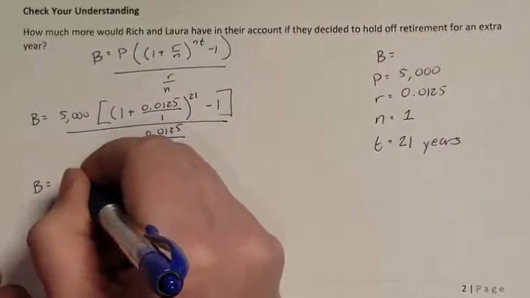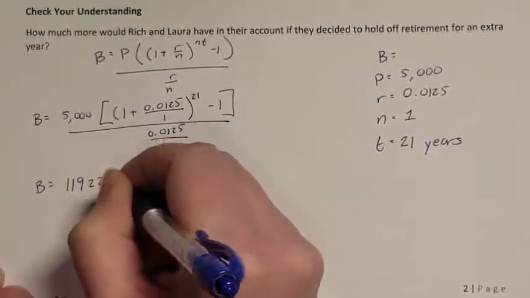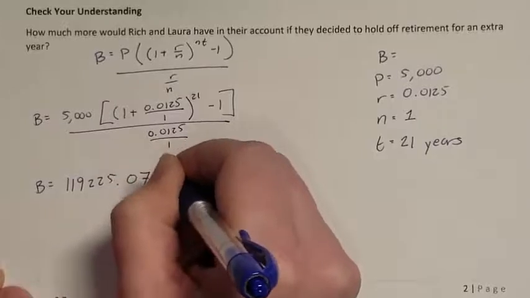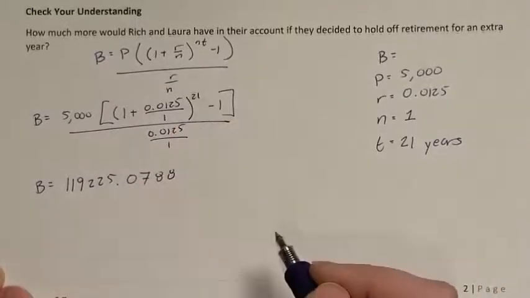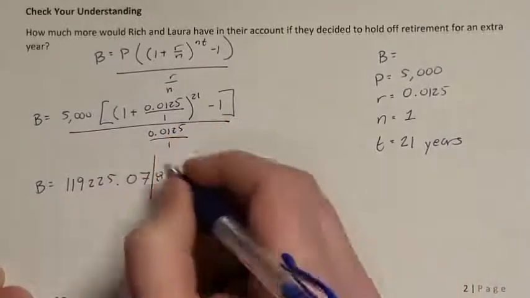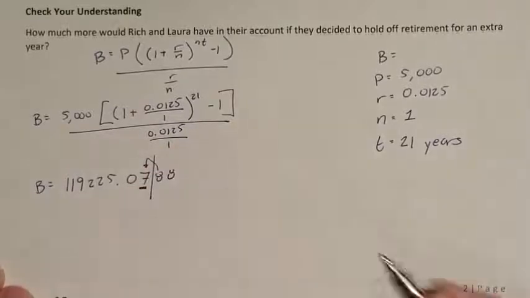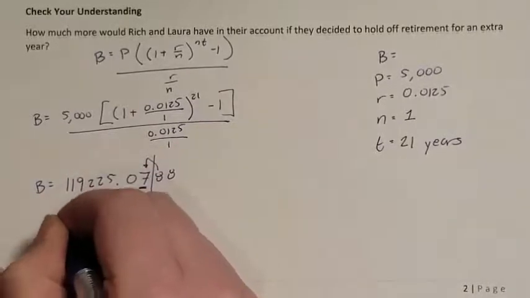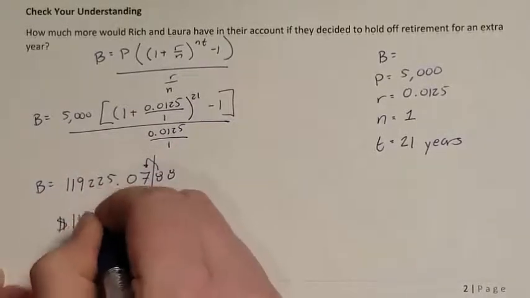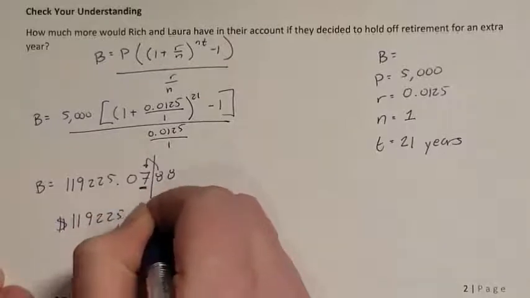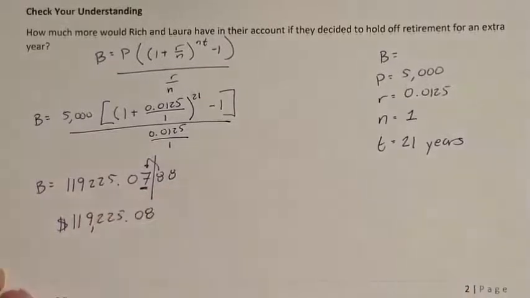You get 119,225.0788. It doesn't tell us how to round. I need to cut it off right here. This 8 bosses the 7 up and says you need to move up 1 more. So our answer is 119,225.08. Make sure your comma is in there.